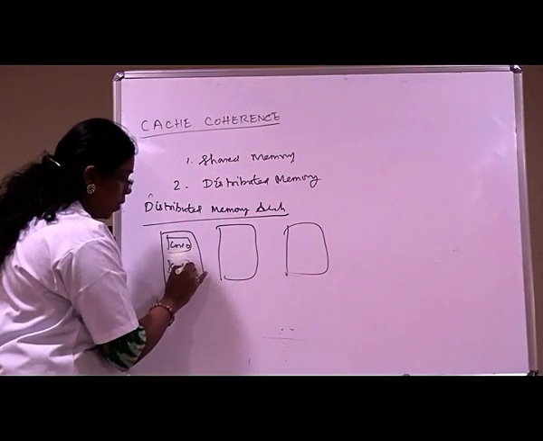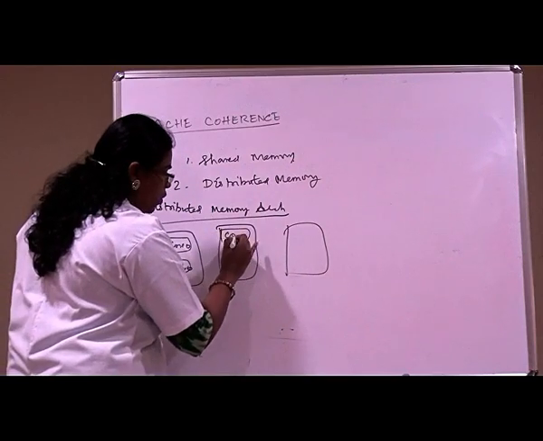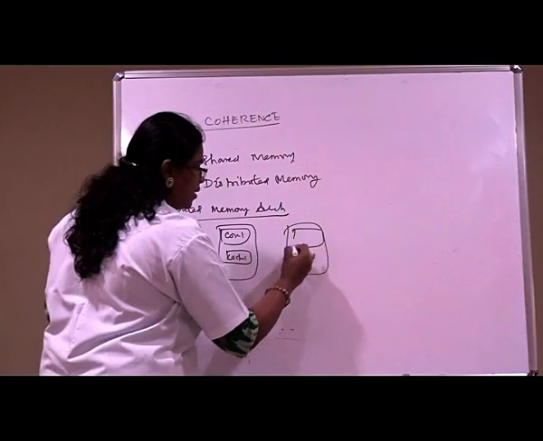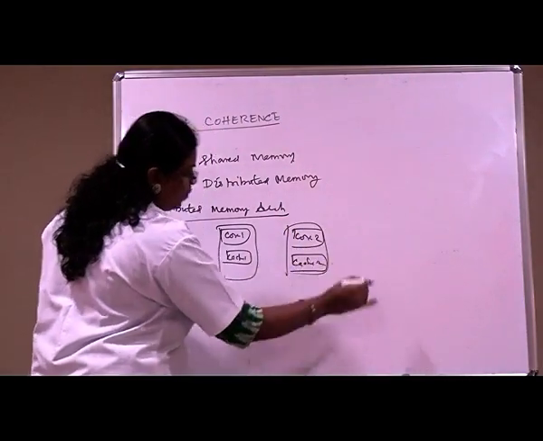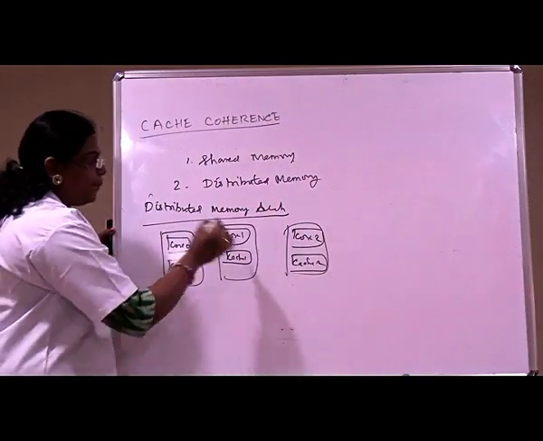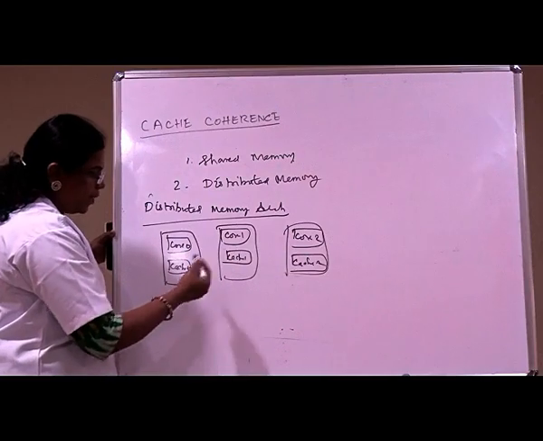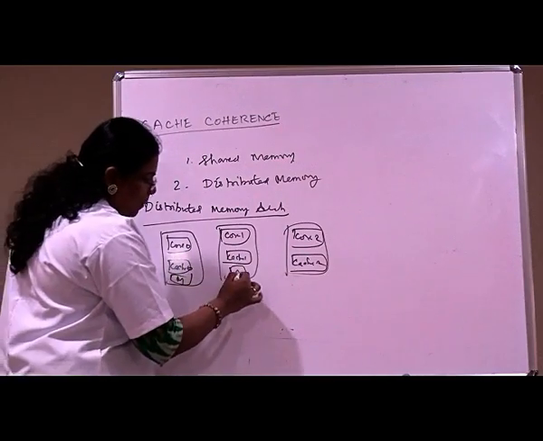This is core 0, which has cache 0, and we have another core called core 1, which has cache 1, and another core called core 2 with a separate cache 2. So every core or CPU will have its own private cache and memory. They have their own memory.